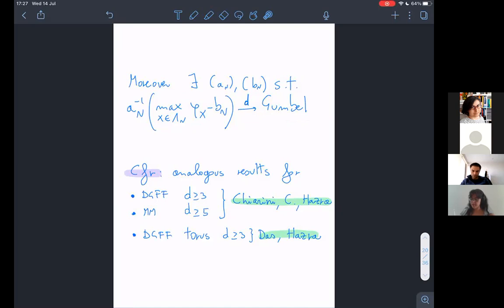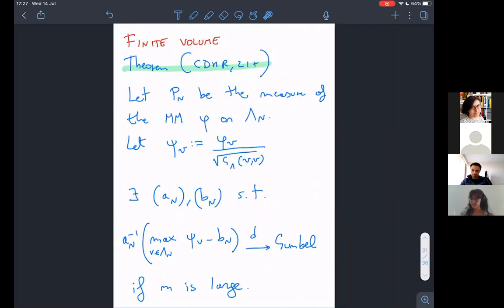So your Gaussians tend to behave like IID Gaussians, and that compares with analogous results for supercritical interfaces, compared, say, to log-correlated models, for instance the Gaussian free field at critical dimension 2, or the membrane model in Z^d for d equal to 4. So you are here in a more independent setting due to this fast decay of correlations.